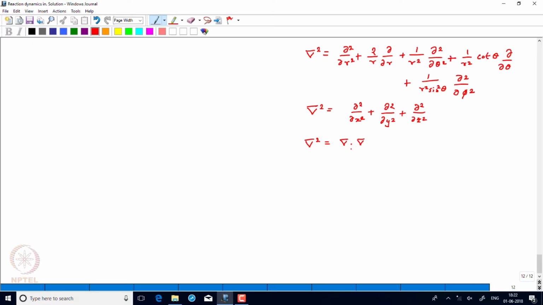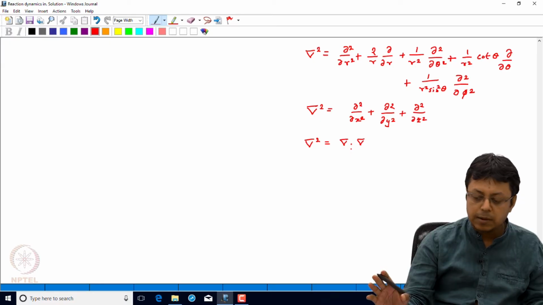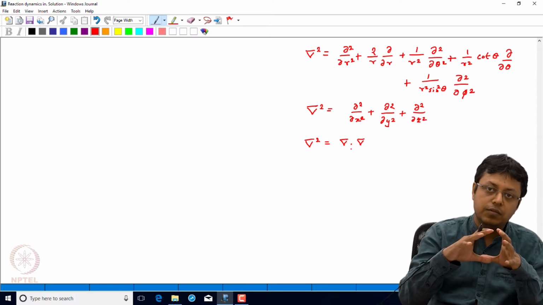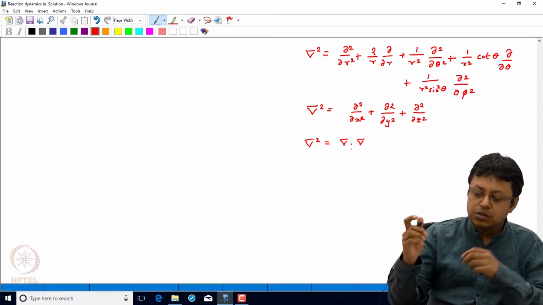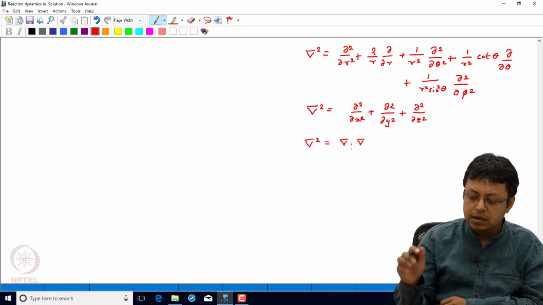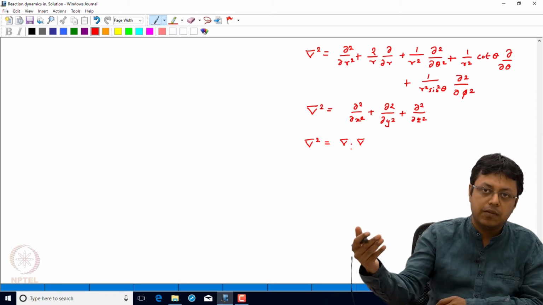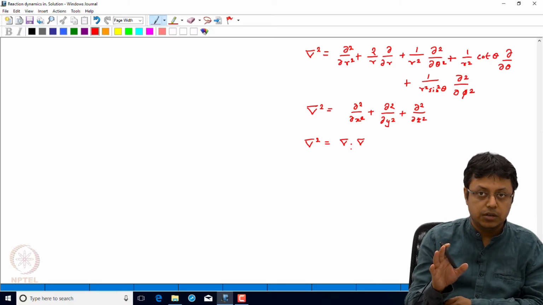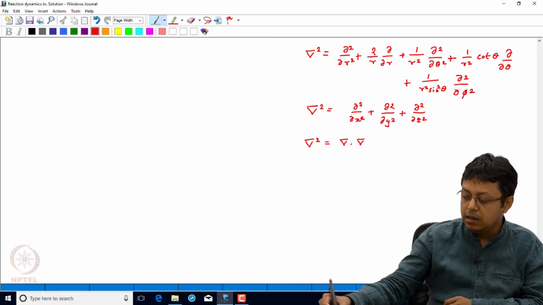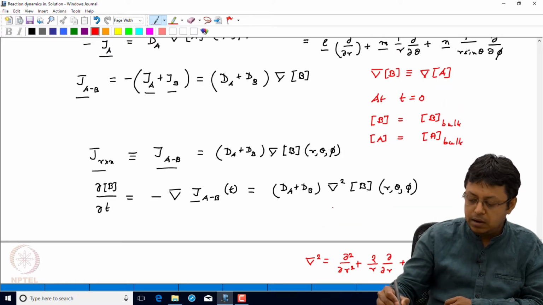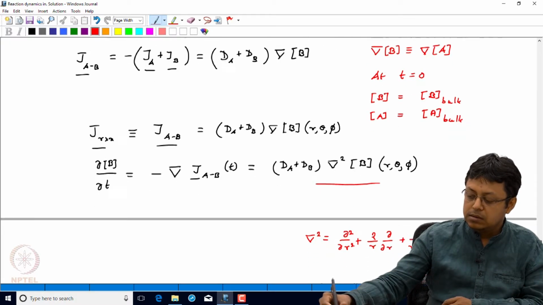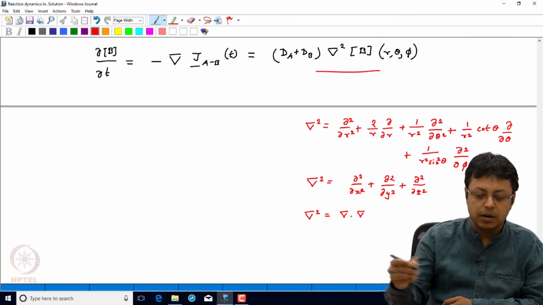Now we can think that the concentration variation is varying radially, independent of the direction. So all we have to consider here is that del theta or del phi terms are basically 0, which means there is no angular variation, as we said at the beginning, and all the variation is radial. So instead of writing del square in the full form, we can write only the radial coordinate variation.